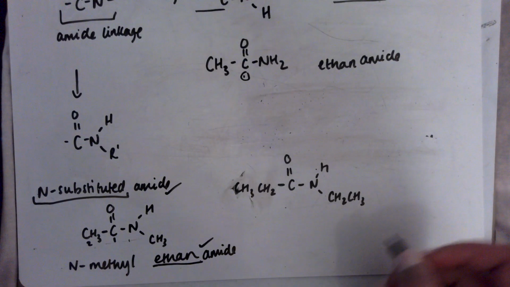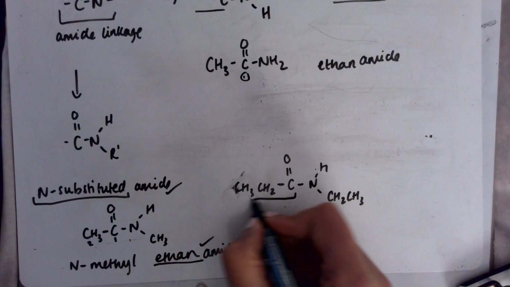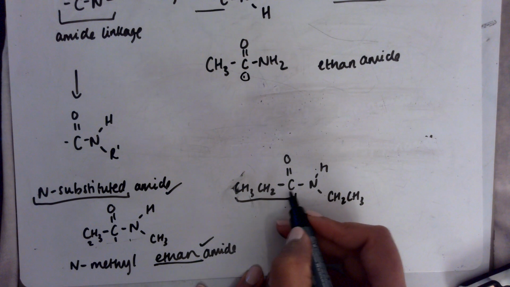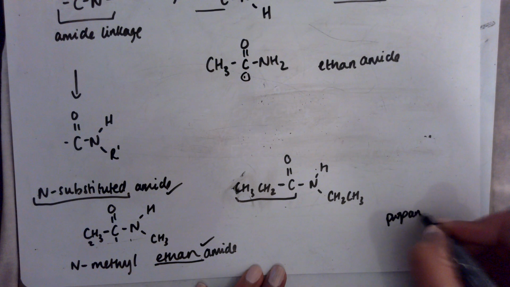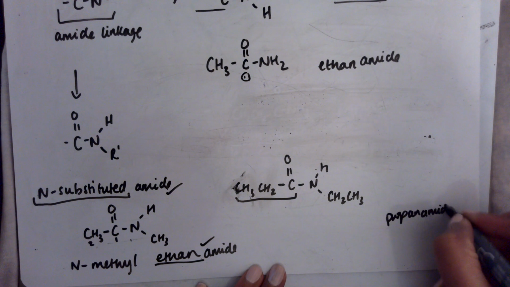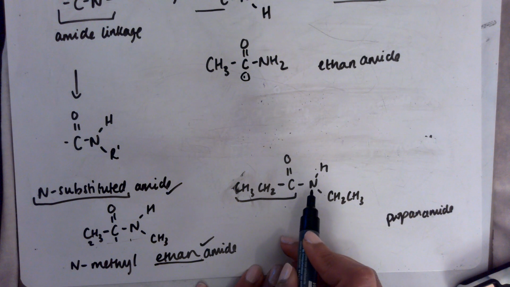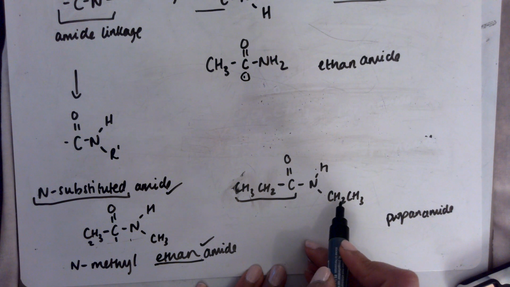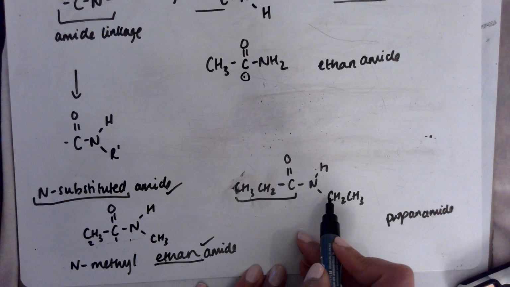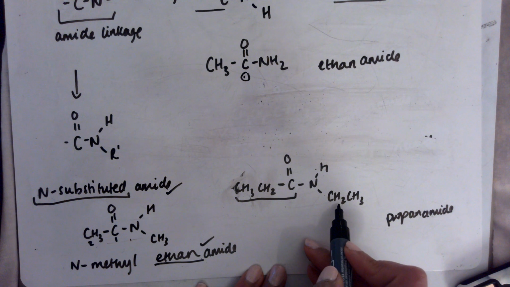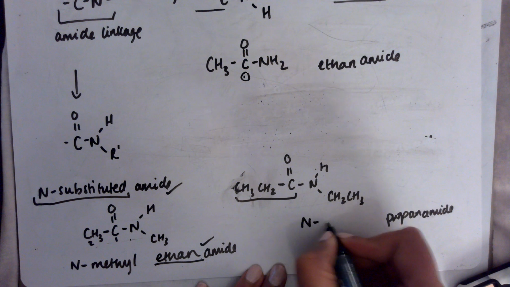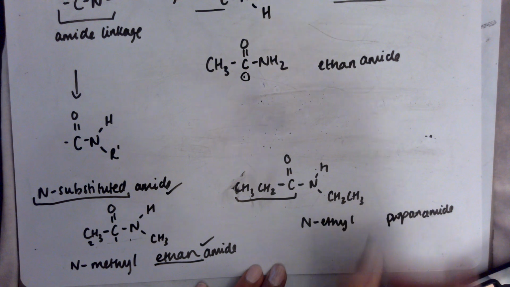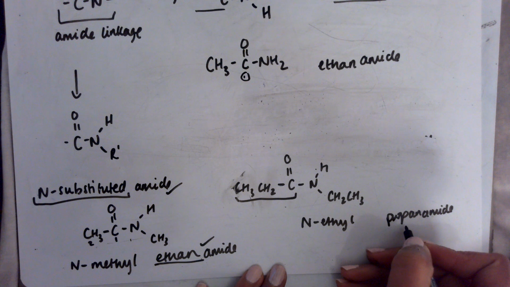So I've got my amide part, which is 1, 2, 3, so I have propanamide. We know it's N-substituted because on the nitrogen I've got an R group that's substituted out the hydrogen. The R group is an ethyl because it's a CH2, CH3. So I have N-ethylpropanamide.